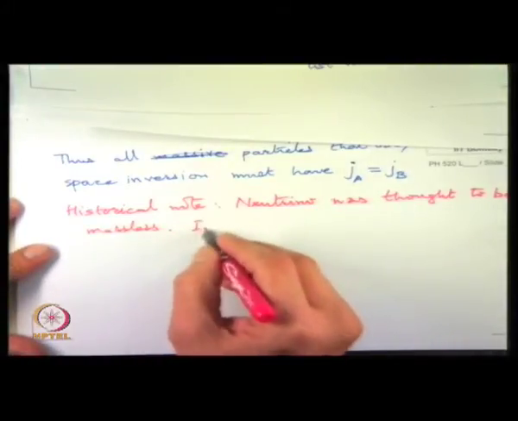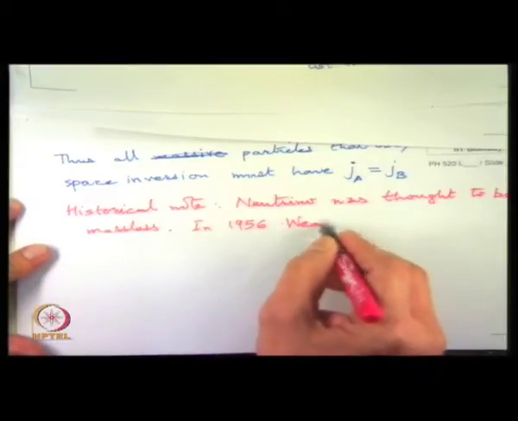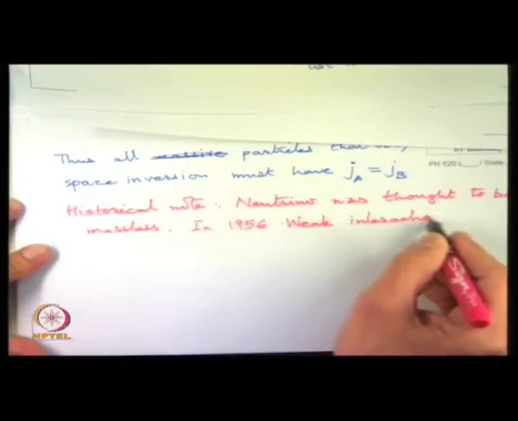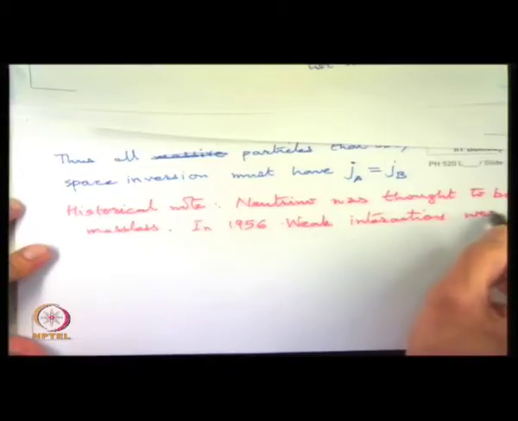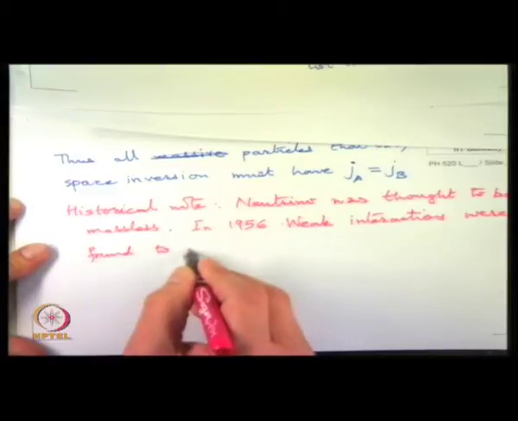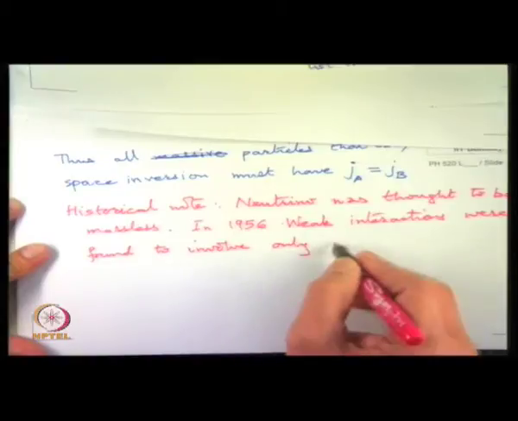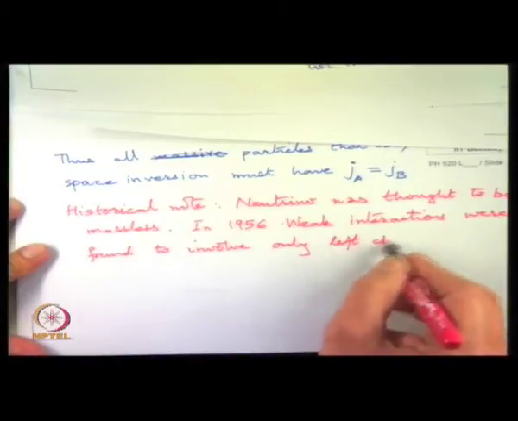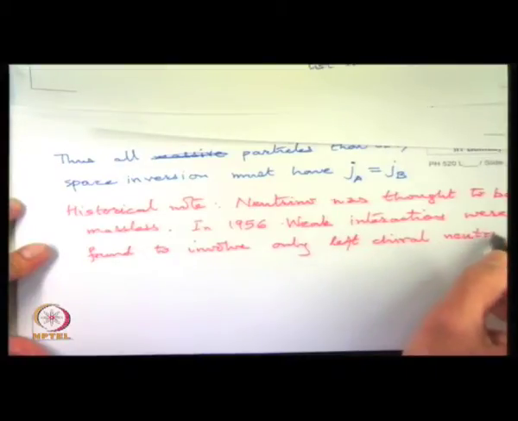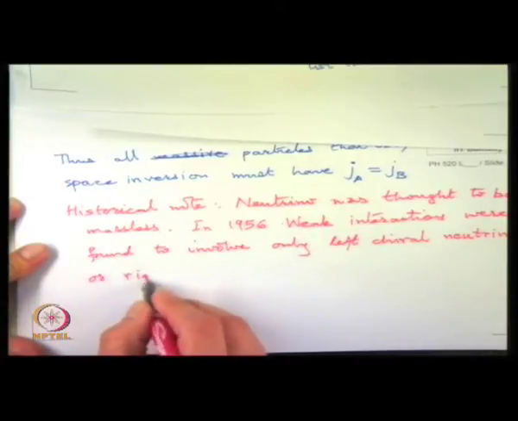In 1956, weak interactions were found to involve only left chiral neutrinos, or right chiral antineutrinos.